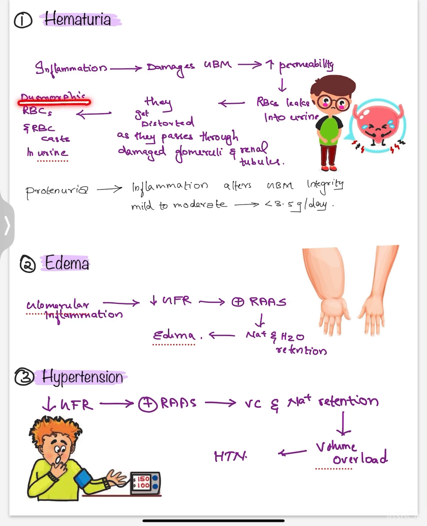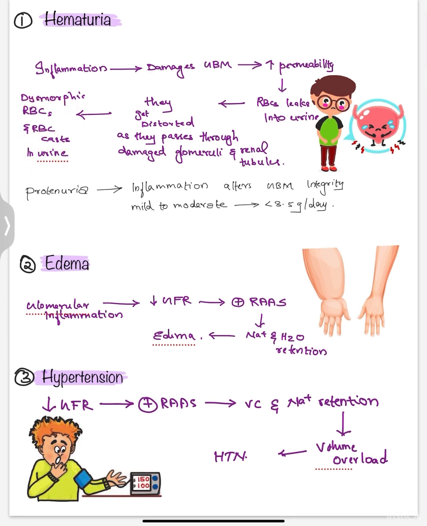The formation of dysmorphic RBCs and also RBC casts in urine occurs. So inflammation leads to the damage of the glomerular basement membrane. The permeability increases, so RBCs leak out into the urine. As they pass through the damaged glomeruli and renal tubules, they become dysmorphic and RBC casts are formed in the urine.